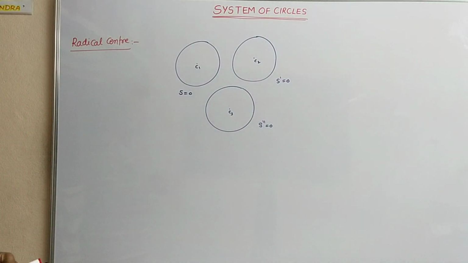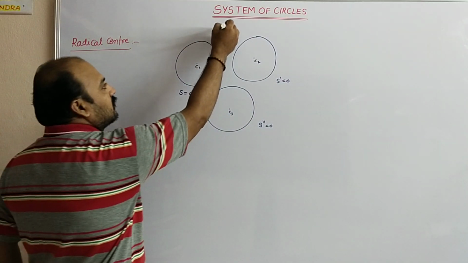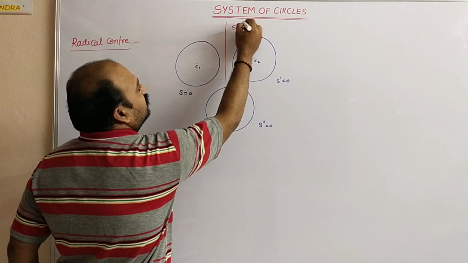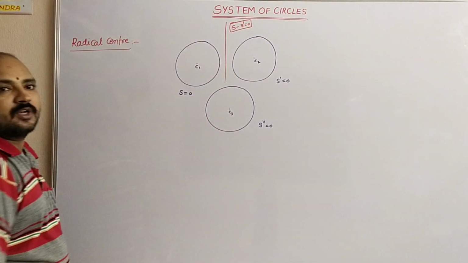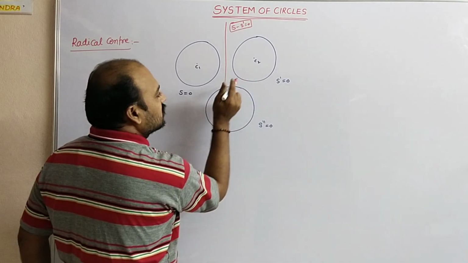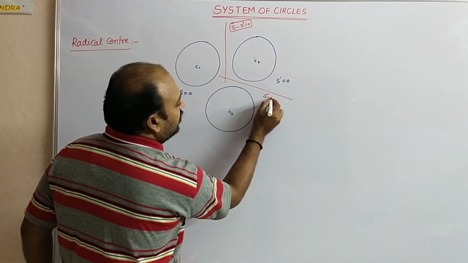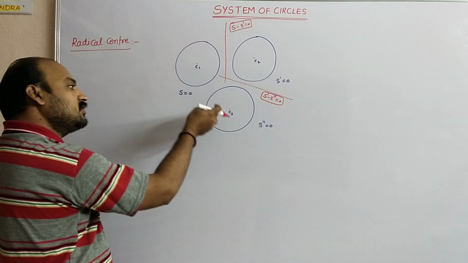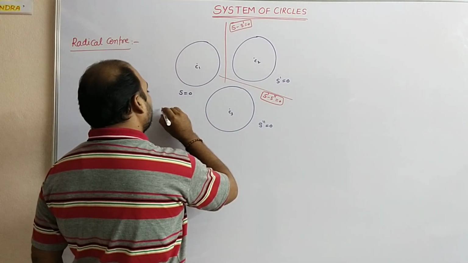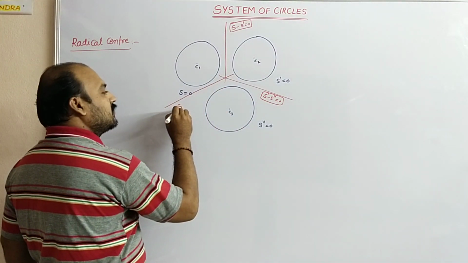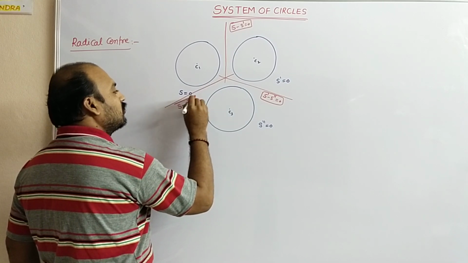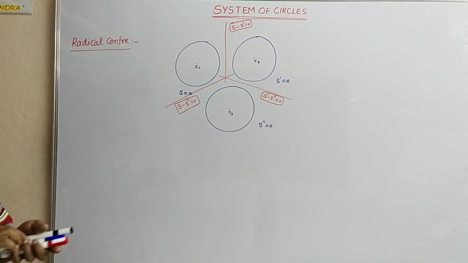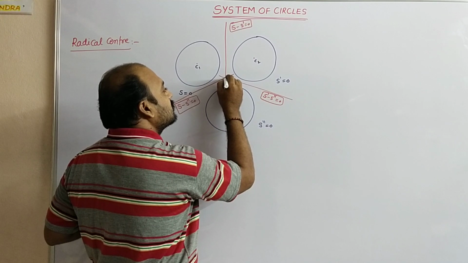The radical axis of S and S dash is S minus S dash equal to 0. The radical axis of S dash and S double dash is S dash minus S double dash equal to 0. The radical axis of S and S double dash is S minus S double dash equal to 0. These are the radical axes of three circles. The point of intersection of these radical axes is called the radical center.